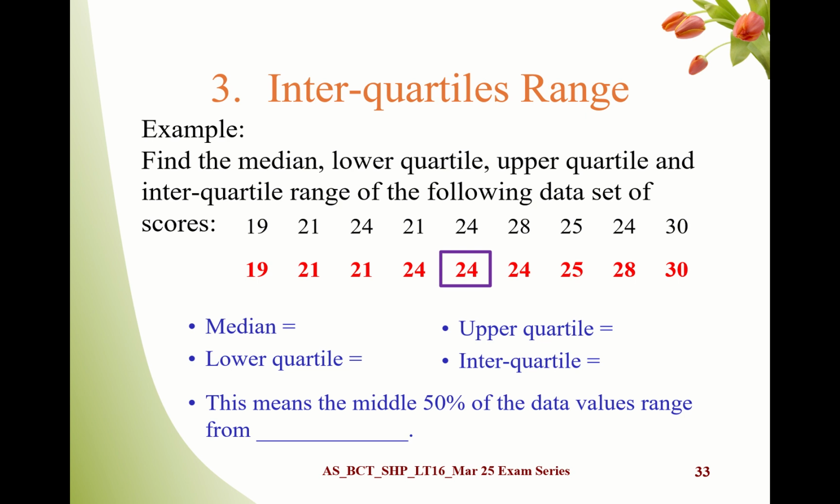Now they ask you to calculate the interquartile. But in order to get interquartile, you will need the lower and upper quartile first. So the lower quartile is from the median, which is 24 just now, and smaller. That means the lower half of the set from 19 to 24, from the lowest value to your median here.